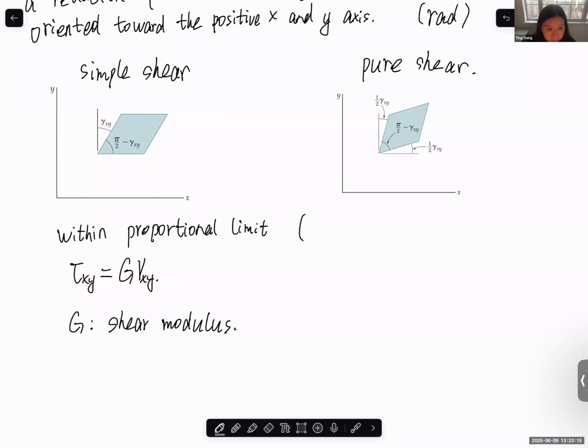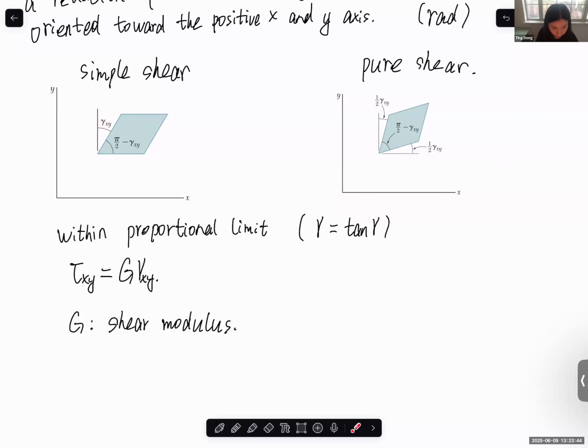And of course, since it's within the proportional limit, it means that it's very small deformation. Mathematically, for small deformation, we always have the approximation gamma, this angle, equal to tangent gamma. This is very important when we do calculation later, to find a relation of this dimension and this dimension.